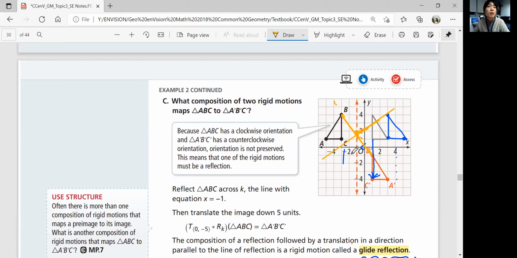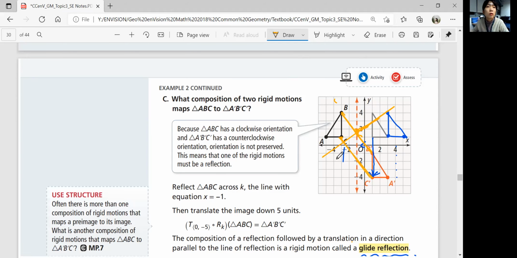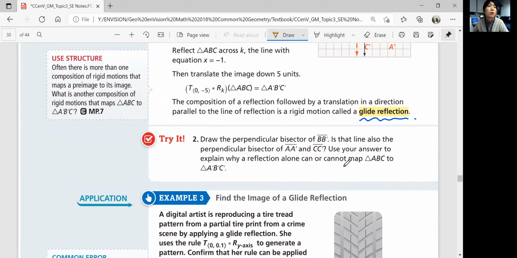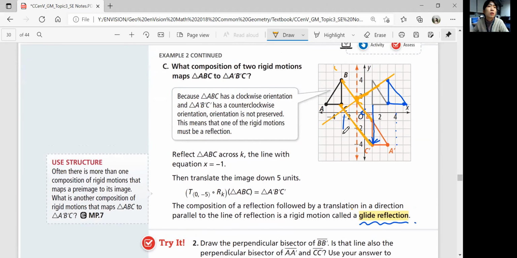And then let's also draw some lines from C to C prime. Okay. And then A to A prime.